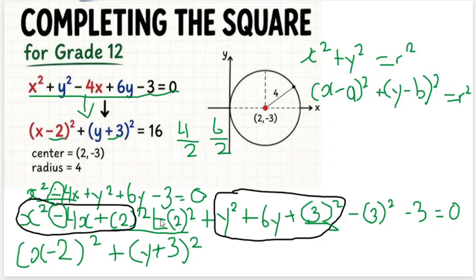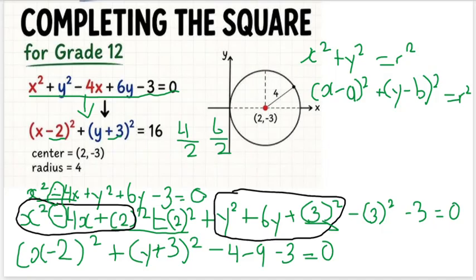Negative 2 squared is 4, and minus 1 times negative 1 gives us negative 4. Now 3 squared is 9, times negative 1 gives us negative 9, minus 3 equals 0.